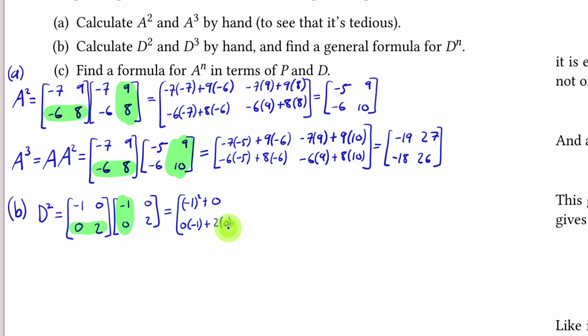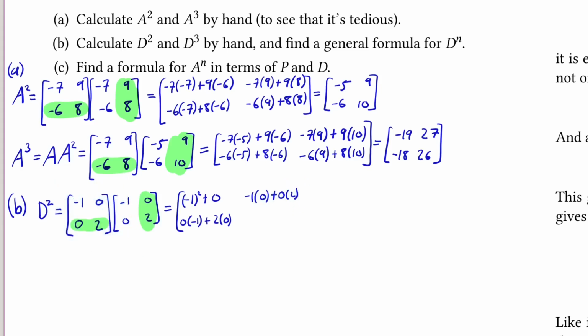That's all going to be 0. In row 1, column 2 here, we have negative 1 times 0 plus 0 times 2. In row 2, column 2, we have 0 squared plus 2 squared. So we end up with 1, 0, 0, 4, like so.